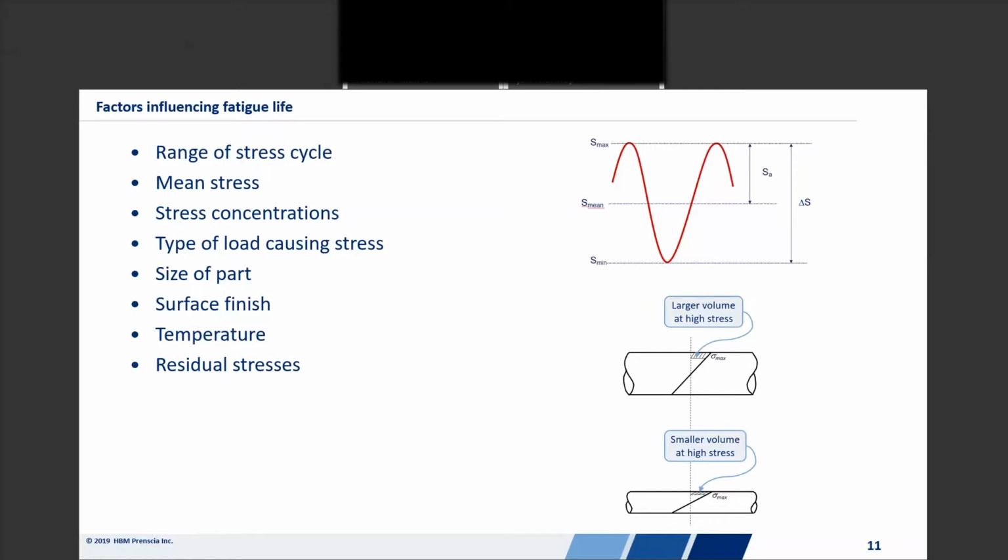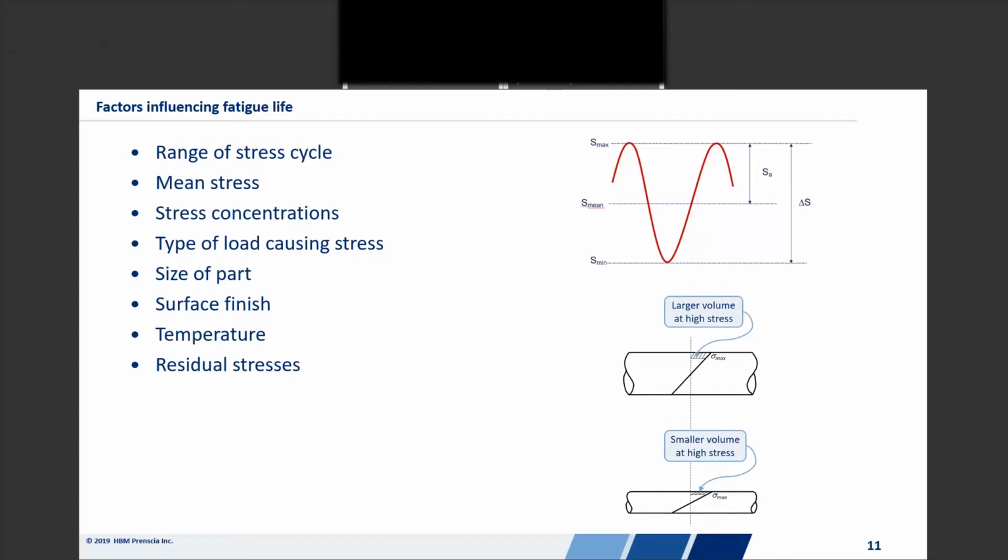The reason for that can be seen down below, where I have two shafts in bending, one much larger diameter than the other, and they both have the same surface max stress. But because the upper shaft, the larger diameter shaft, has that larger diameter, we see a larger volume of it under the high stress.